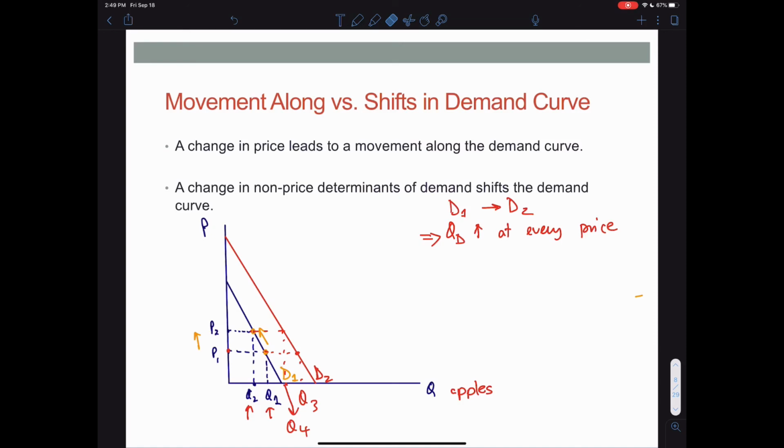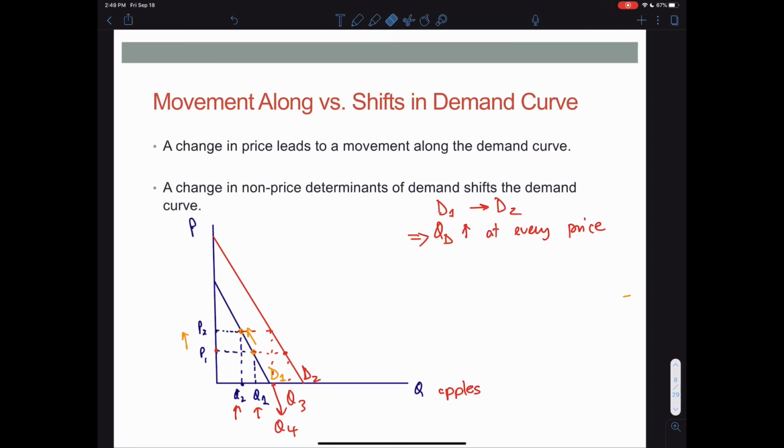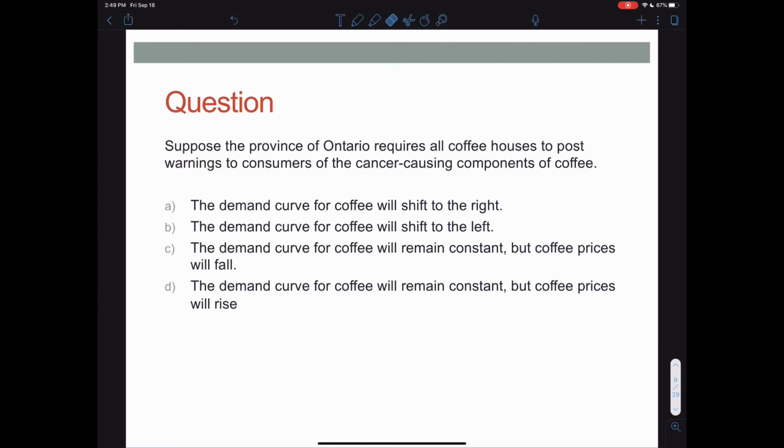This distinction is going to be very useful when you analyze a real world situation using the demand curve. What you should do is try this question after watching this video on your own, and see if you understood what we went over in terms of demand analysis.